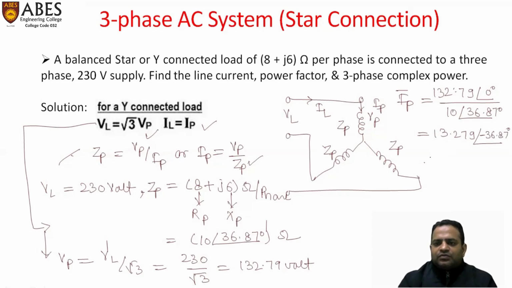So what is our power factor? Before power factor, we can say that our line current is equal to phase current. The values of IL and IP are equal, that is 13.279 ampere.